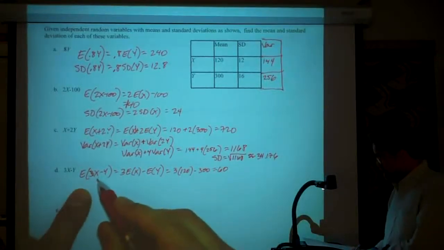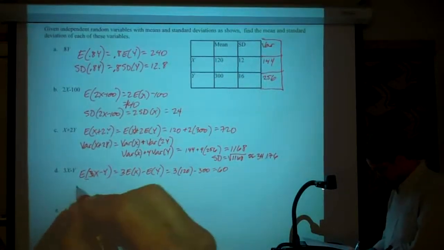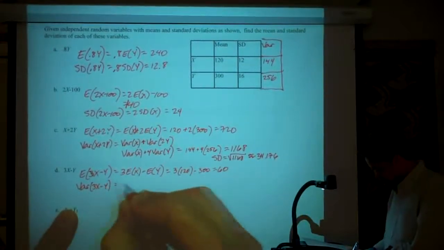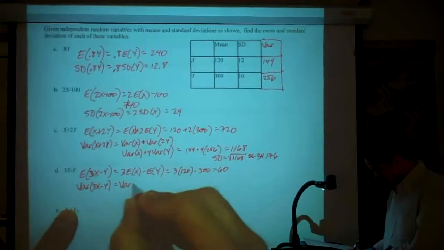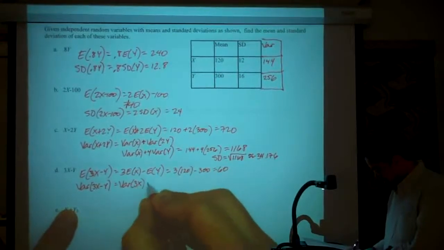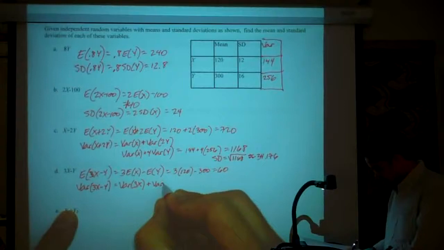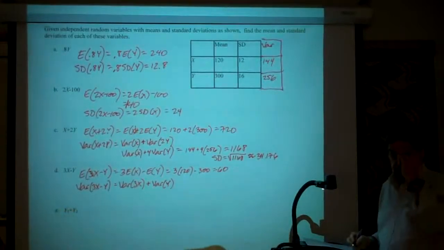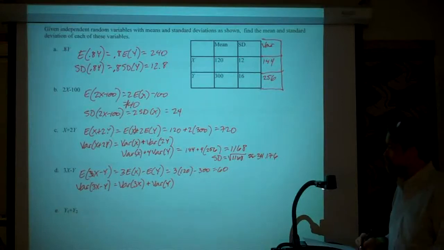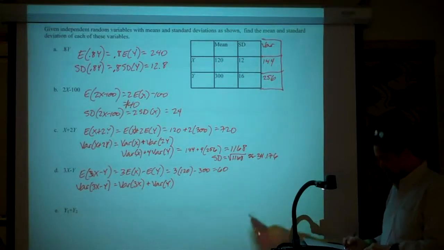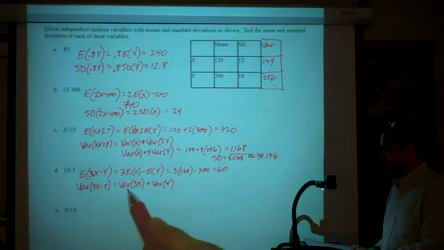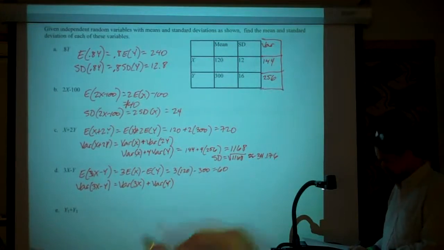Again, don't look at the standard deviation. Look at the variance. Variance of 3x minus y is going to be the variance of 3x plus the variance of y. You never subtract variances. Never, ever. That's just the rule of variances. If you're adding random variables, you add the variances. If you're subtracting random variables, you add the variances. You always add the variances.